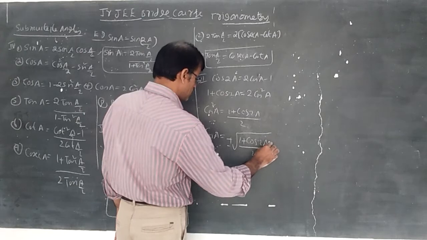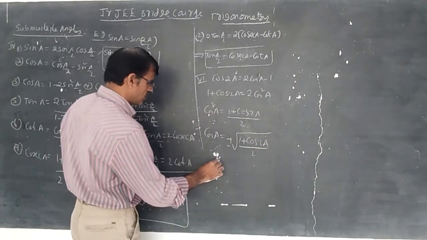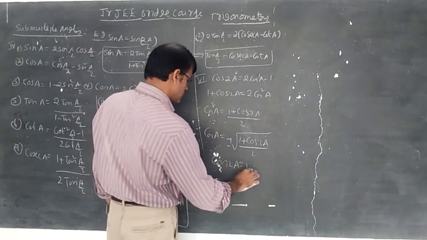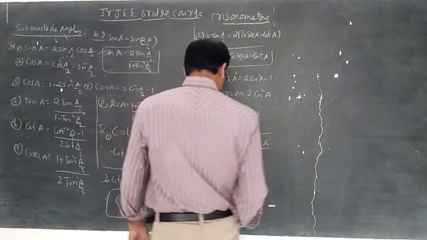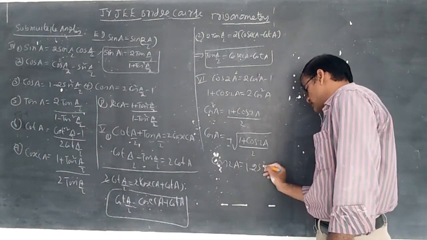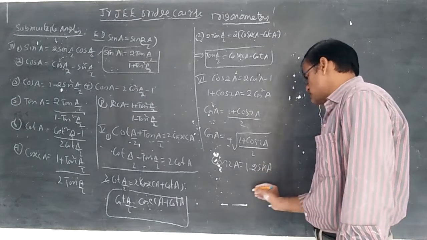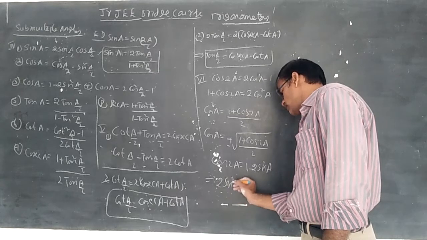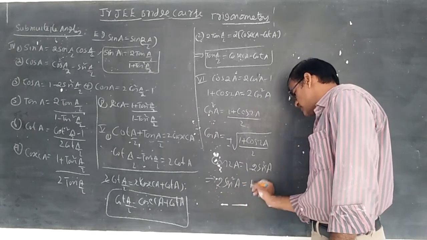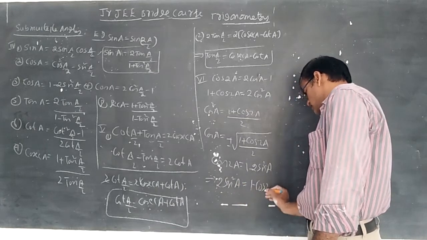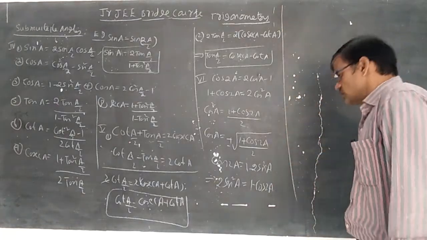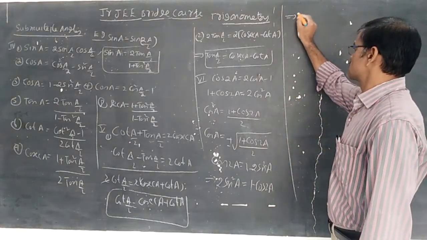In the similar way, I am writing cos 2A is equal to 1 minus 2 sin square A. So that implies 2 sin square A, taken left side becomes plus, and cos 2A, taken right side becomes minus. 2 sin square A is equal to 1 minus cos 2A.